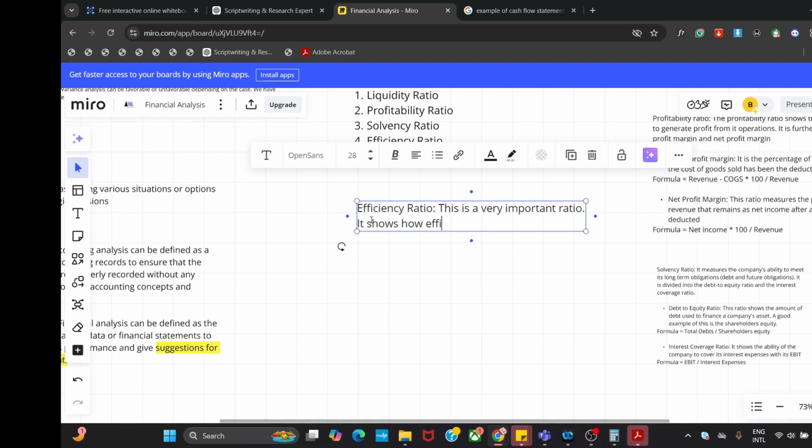How efficiently a company is managing its resources for its operations. So this ratio is divided into two: the inventory turnover ratio and the accounts receivable turnover ratio.